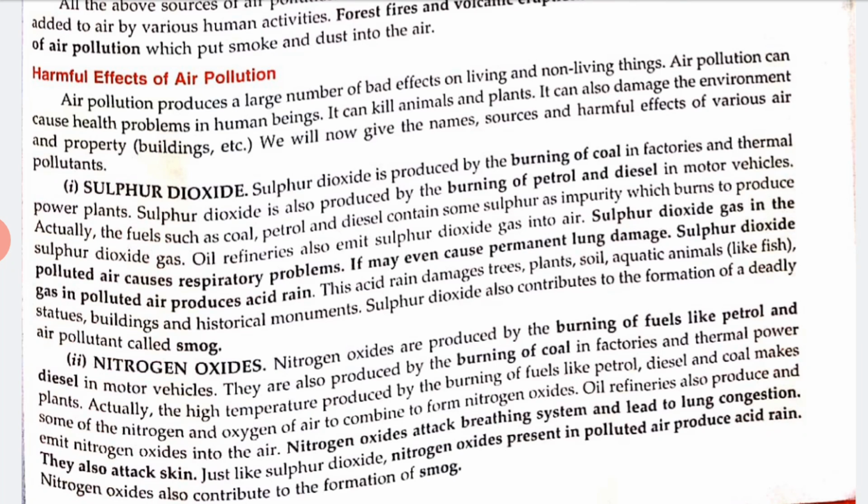Sulfur dioxide gas in polluted air also produces acid rain, and this acid rain damages trees, plants, soil, aquatic animals like fishes, buildings and historical monuments. Sulfur dioxide also contributes to the formation of a deadly air pollutant called smog. So this is about sulfur dioxide.